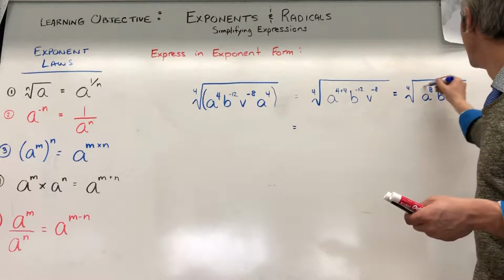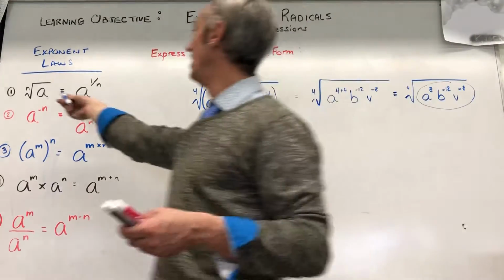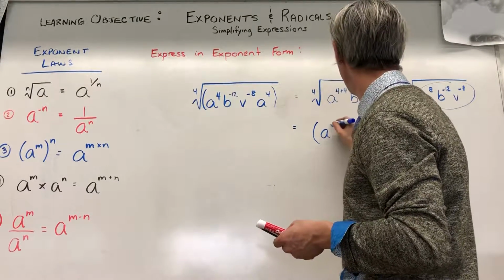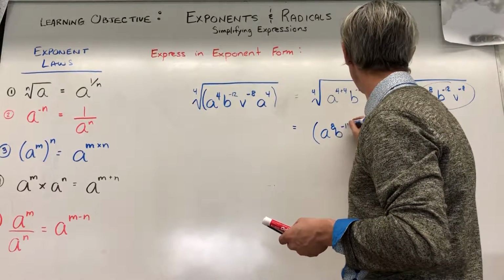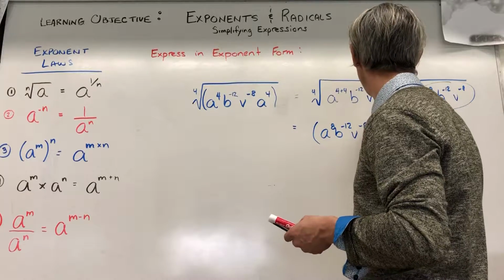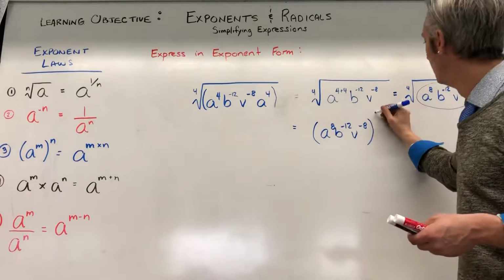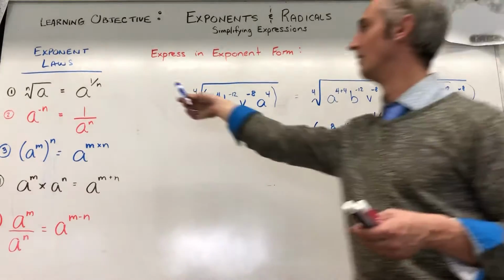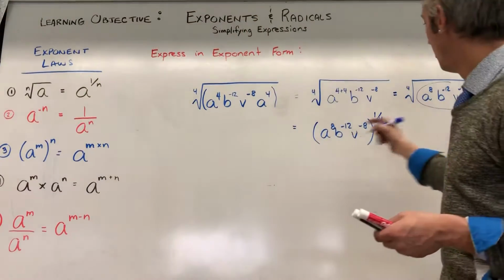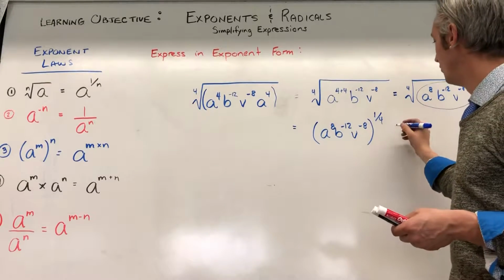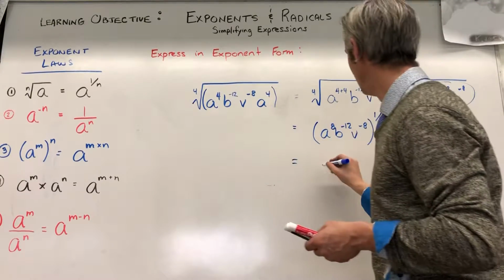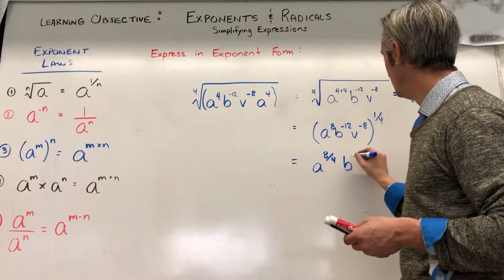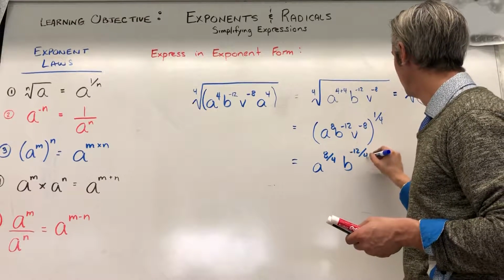Now, I'm going to call this my new a in here. So all of that, a to the 8, b to the negative 12, b to the negative 8, is now to the power 1 over 4, if I use this law here. Now all of these exponents are going to multiply by 1 over 4. So this is the same as a to the 8 divided by 4, b to the negative 12 divided by 4.